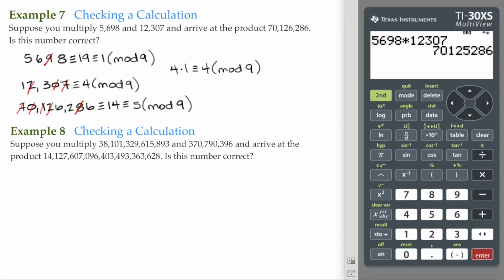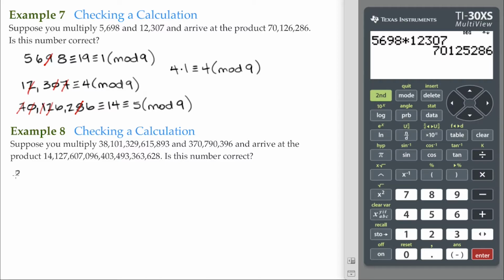So we're going to use the same idea. We're going to use casting out nines. Now again, you can use any of the divisibility tests. As a matter of fact, maybe you should practice using casting out 11s or casting out 7s. But again, I think casting out nines is the simplest way.